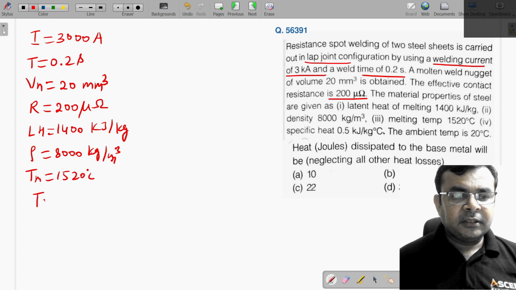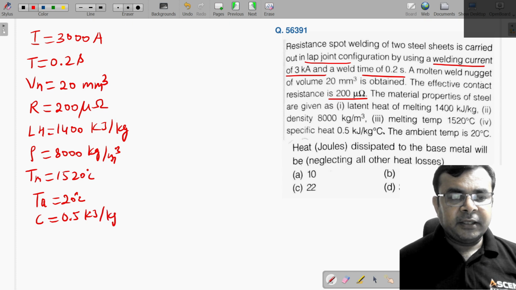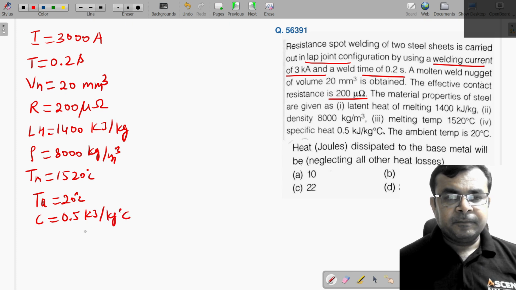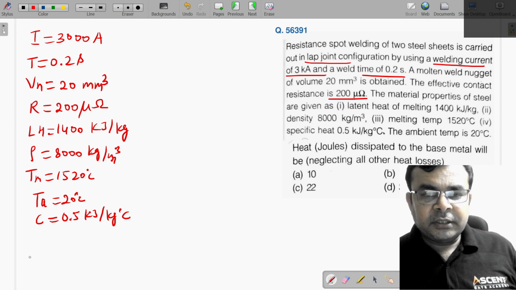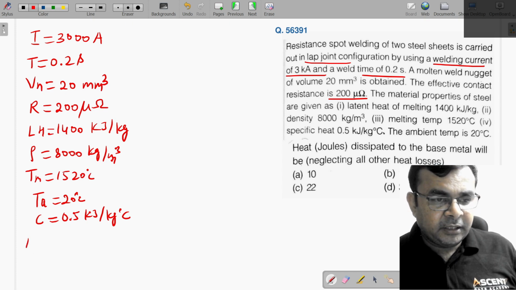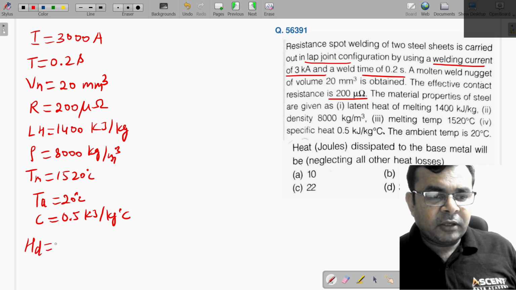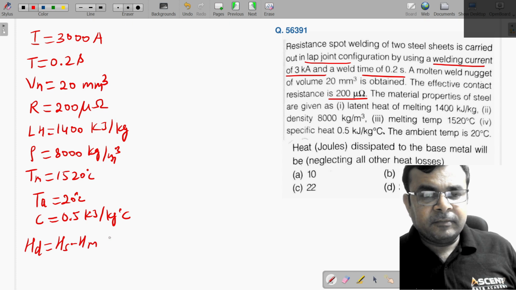Ambient temperature is given here, that is 20 degrees centigrade. Specific heat is also given here, that is 0.5 kilojoule per kg degree centigrade. So here we need to calculate heat in joules dissipated to the base metal. So actually here we need to calculate HT, that is HS minus HM.